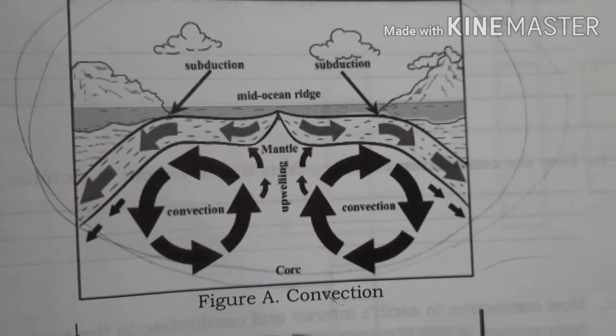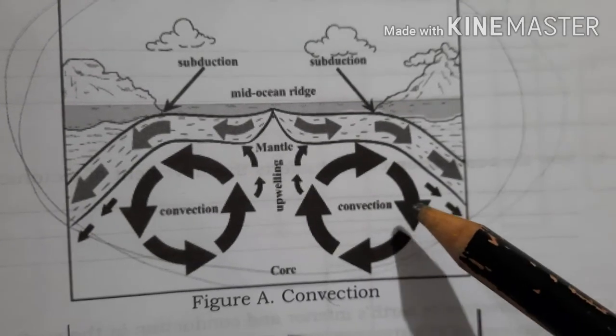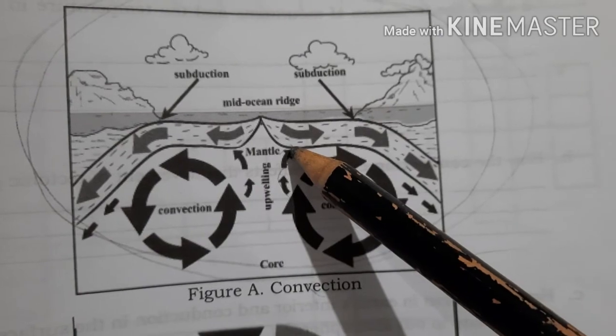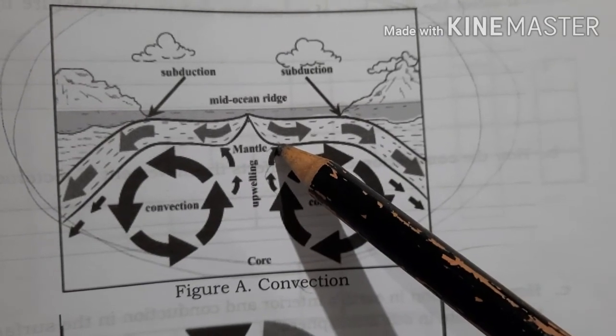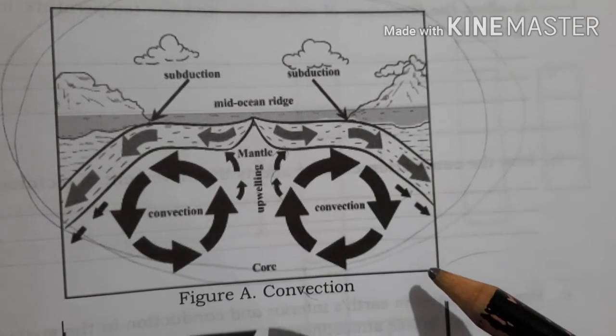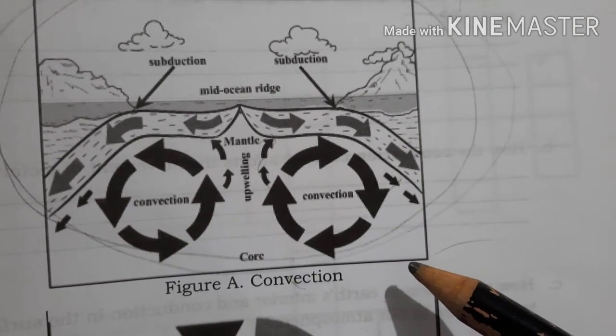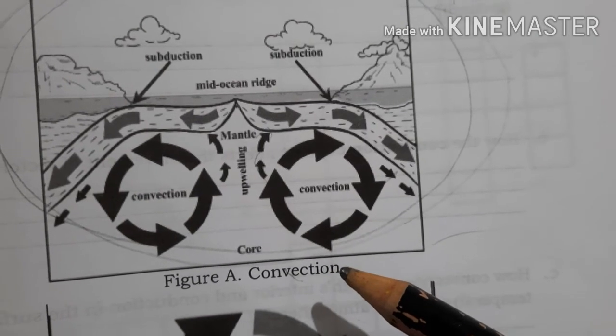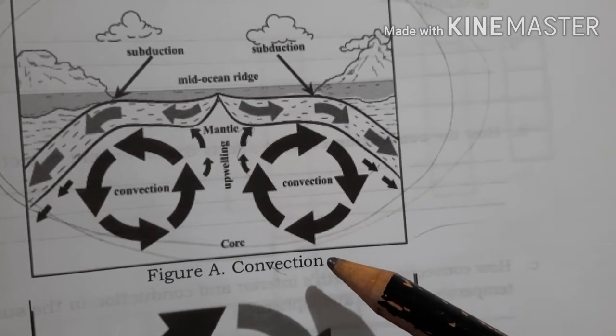The warm materials rise up to the surface of the Earth and the cool materials sink. That's the process of convection. These cold materials will eventually turn into land formation.